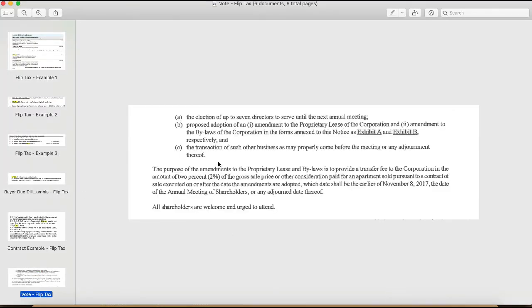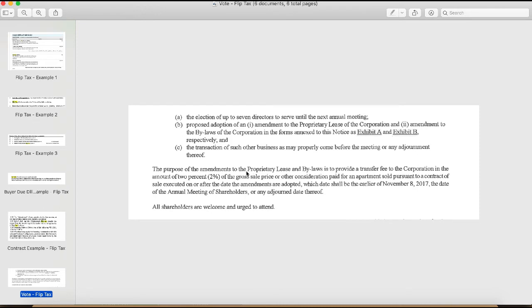So here is an example of a possible vote sent out by a co-op board to its shareholders. In this case, as you can see from agenda item B, they are looking to propose an adoption of an amendment to the proprietary lease as well as the bylaws in order to essentially implement a transfer fee, also known as a flip tax.